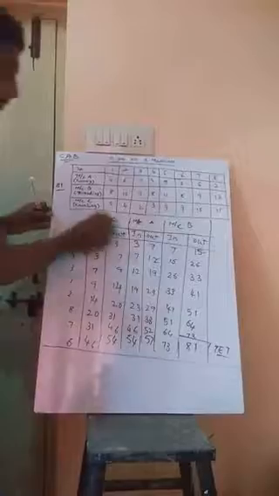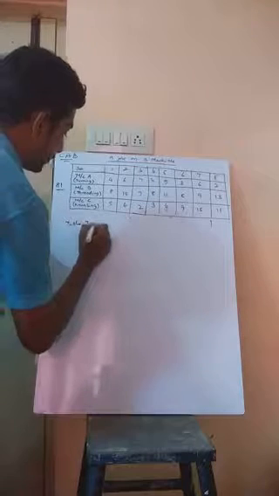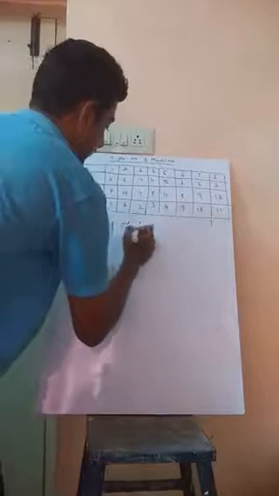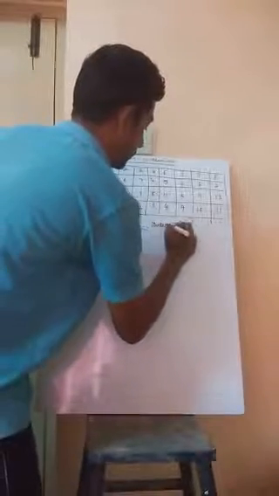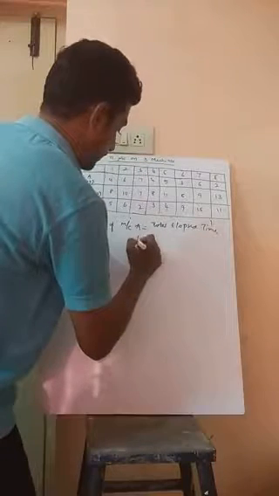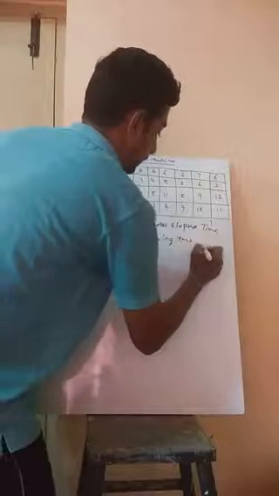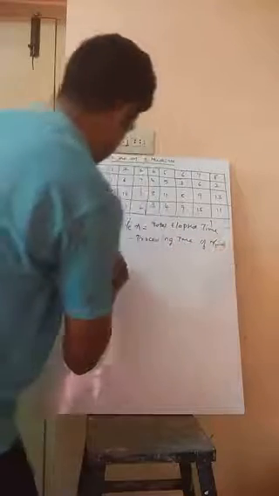Okay, now we are finished with the total elapsed time. Now we need to find out the idle time. The last question is, you need to find the idle time of each and every machine. Idle time of machine A is equal to the formula: total elapsed time minus processing time of the machine.